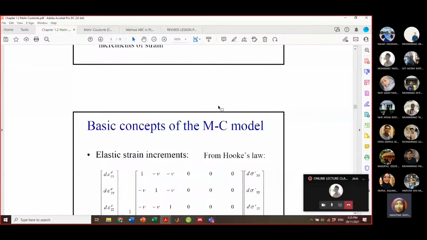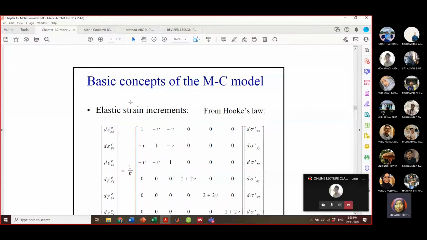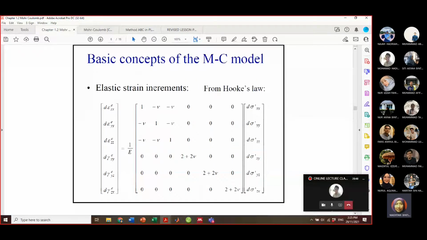Okay, if you derive the Mohr-Coulomb criterion, you may have from here the elastic strain increments from Hooke's law. The strain is equal to 1 over Young's modulus multiplied by this kind of matrix of Poisson's ratio, multiplied by the change in sigma, or we call it the stress increment.